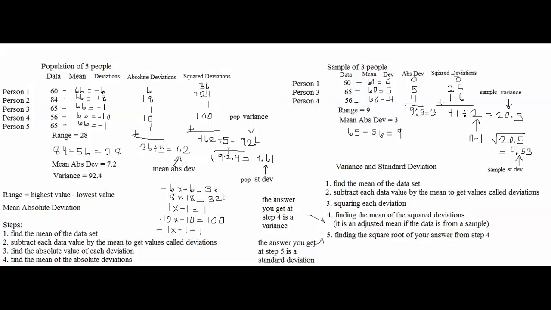The disadvantage of the variance is that it comes out to such a large number, and it's difficult to understand what it's really showing about the data. And the advantage of the mean absolute deviation and standard deviation is that it gives you a sense of how far the numbers are from the mean on average.